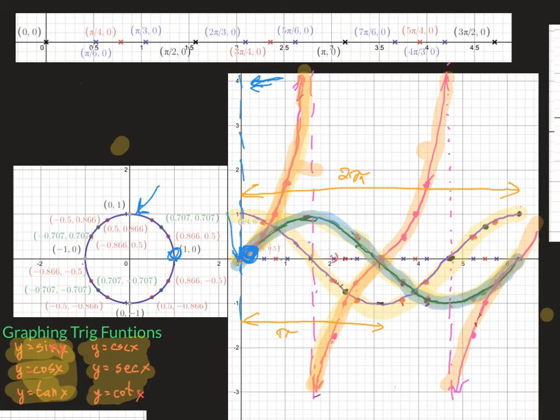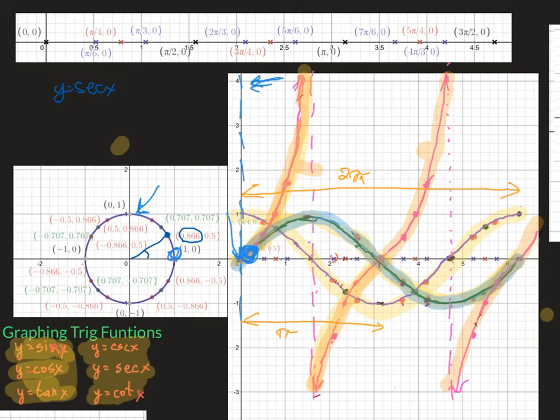All right, now we're going to talk about secant of x. So y equals secant of x. Right, now secant is very similar to cosecant in the same way that cosine is very similar to sine. Secant is just 1 over cosine. So whenever you get an angle, so here the cosine is 0.866, well at that same angle of pi by 6, the secant will just be 1 divided by 0.866.